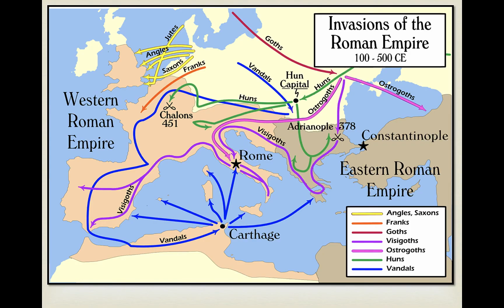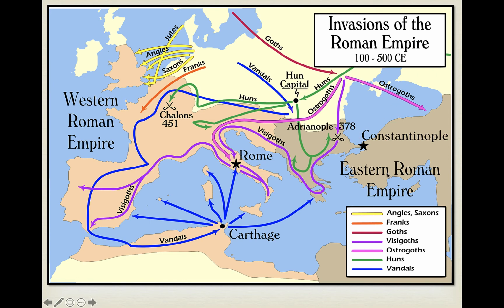So you guys can see here this map, and it's showing you all of these different barbarian invasions that came into the Roman Empire. If you look down here, it's color coded, and it just shows you where they all came in and what happened. So you can really see here, the Romans were being attacked from every single angle.